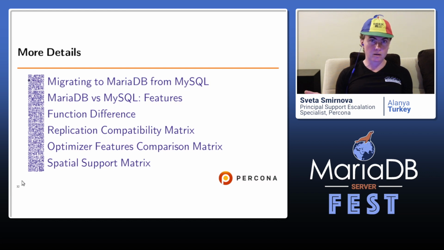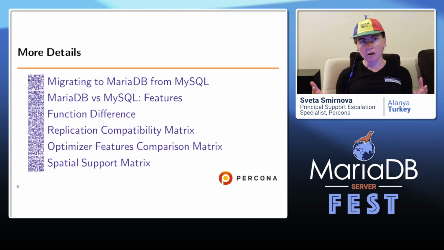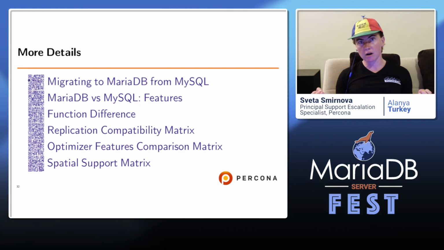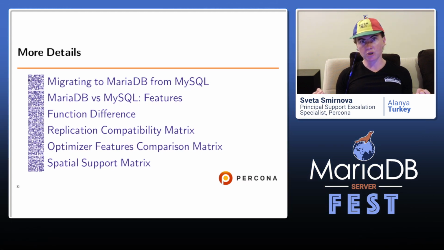If you are curious now, you can just use your mobile phone and follow the links using QR codes. I put the links here so you can easily use them as a reference when you are migrating, so you can quickly find out what needs to be adjusted in your application.